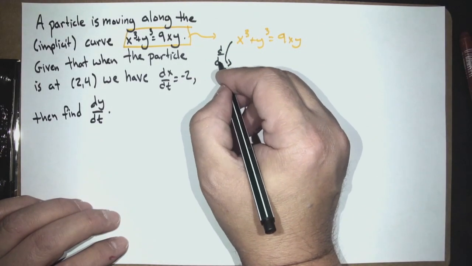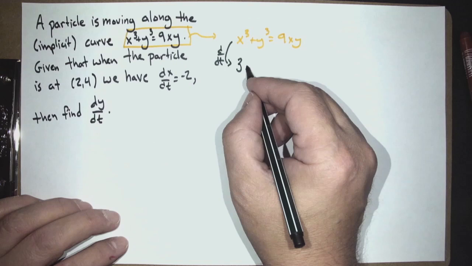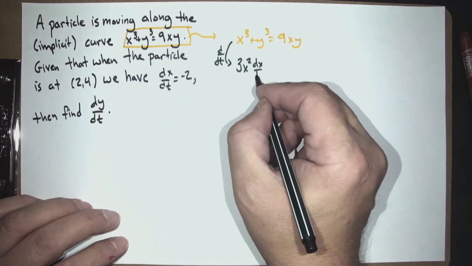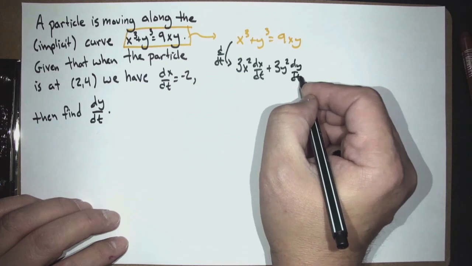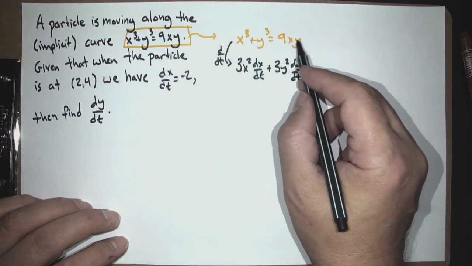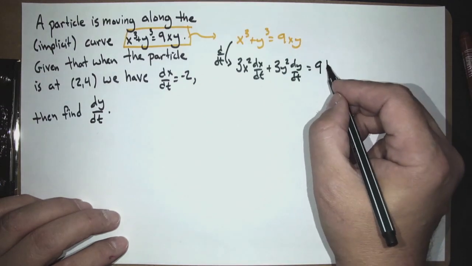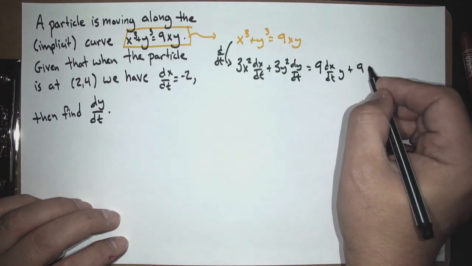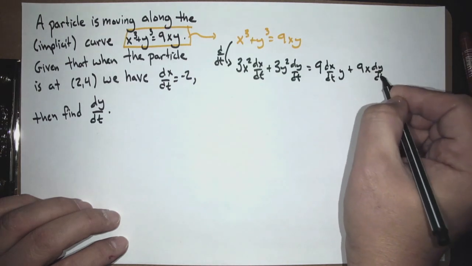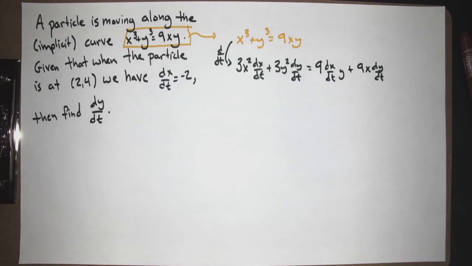Take the derivative with respect to t. You'll get 3x squared dx/dt plus 3y squared dy/dt equals, product rule, 9 dx/dt y plus 9x dy/dt. Now what do you do?